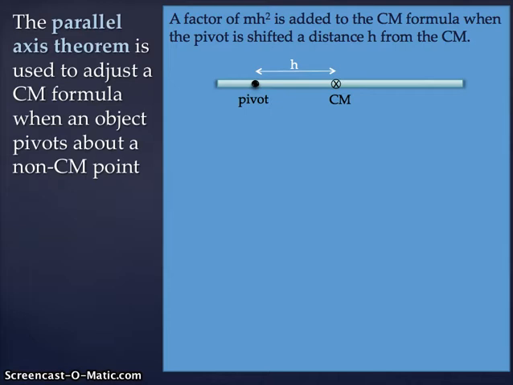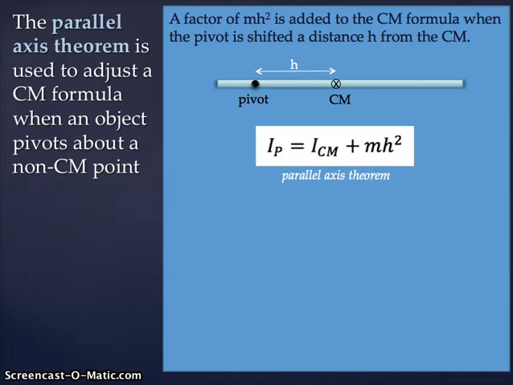This idea is called the parallel axis theorem, and it describes how if you change the axis point to a different axis that is parallel to the original center of mass axis, you need to add this correction factor of mh squared. This is something that's not given to you on formula sheets, so you need to memorize this relationship.